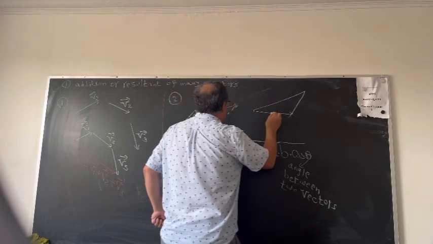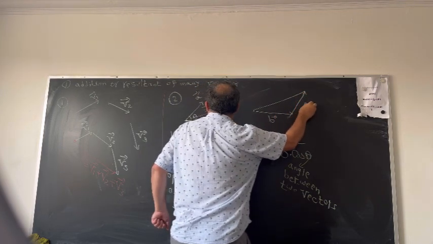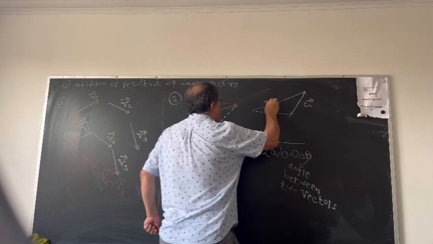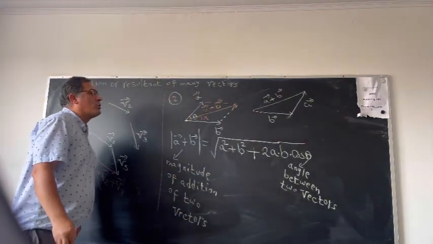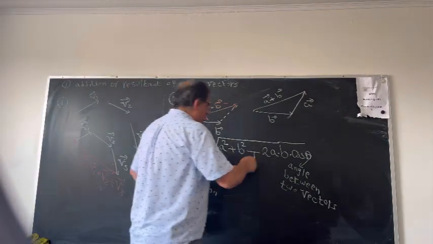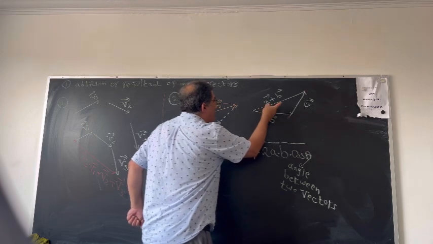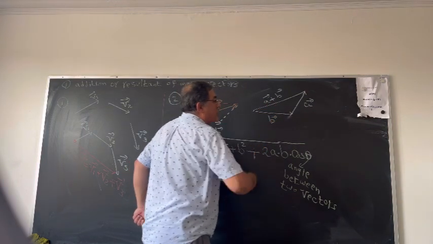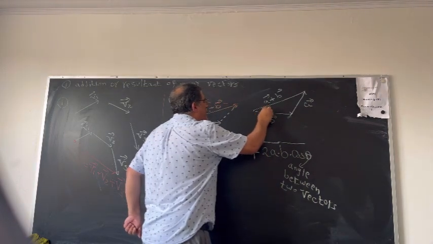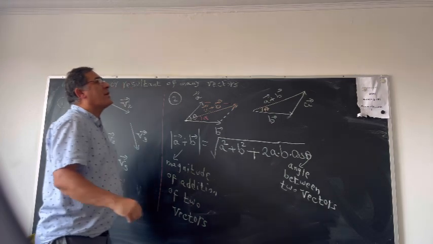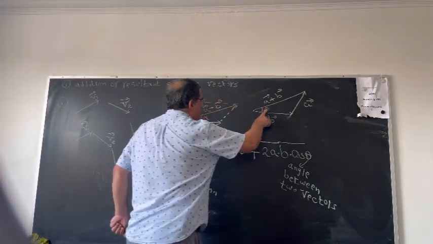So this is vector B, this is vector A, and this is vector A plus B. At the beginning, I told you that you have two vectors, A and B. You want to find how much angle one of your vectors, such as B or A, makes with the resultant. How do you find theta or alpha? Yes, the same name.